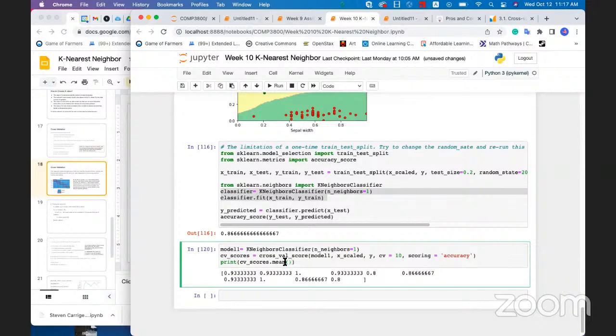We use this mean as the final accuracy score for the KNN model, the k nearest neighbor model, when k equals 1. So with this, I'll just leave it here, and with this, we can get the mean, right?